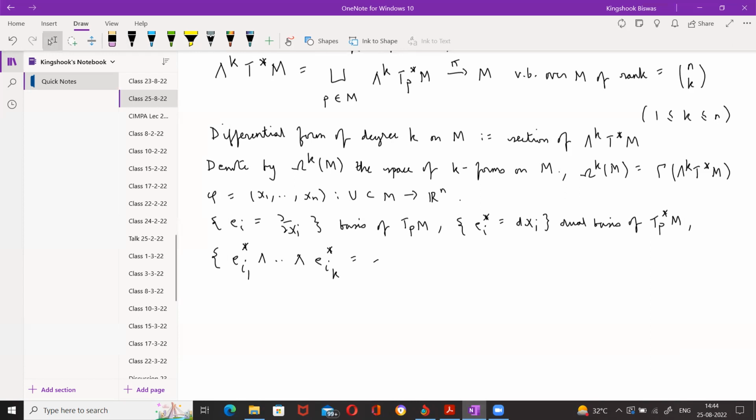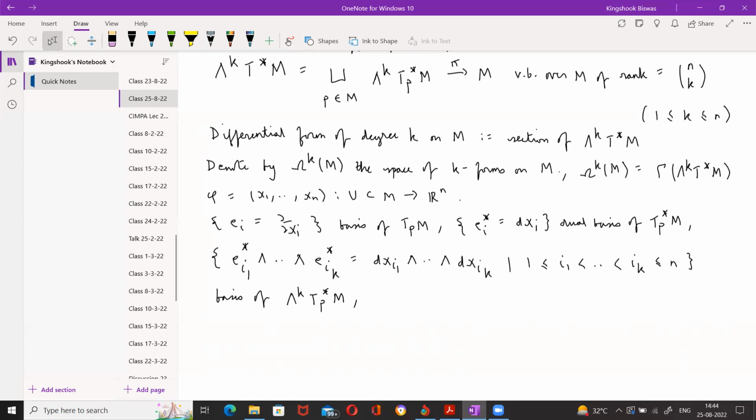So this is dx_{i1} wedge up to dx_{ik}, where i1 to ik is a multi-index in strictly increasing order. This is our natural basis of wedge^k T_p^* M.